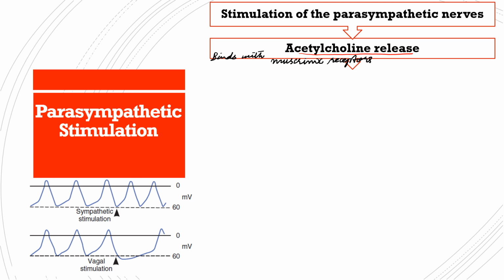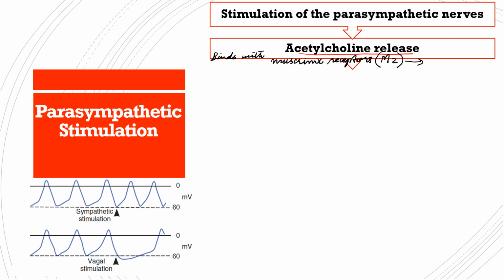The type of muscarinic receptors with which acetylcholine binds on the SA nodal membrane are the M2 type muscarinic receptors.